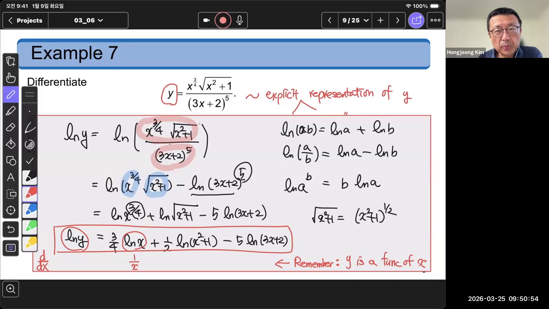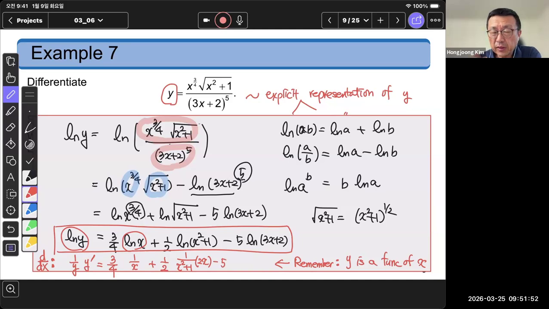When ln(x squared plus 1) is differentiated, you get 1 over x squared plus 1 multiplied by the derivative of the inner function, the derivative of x squared plus 1, which is 2x, minus 5 times.